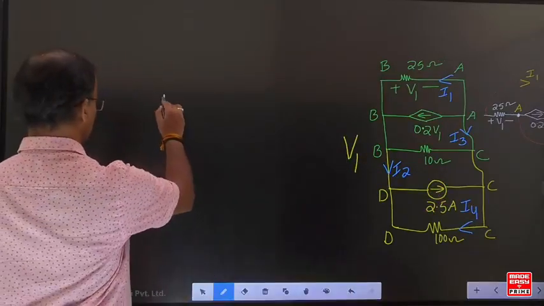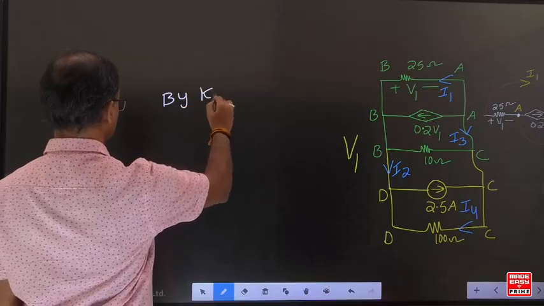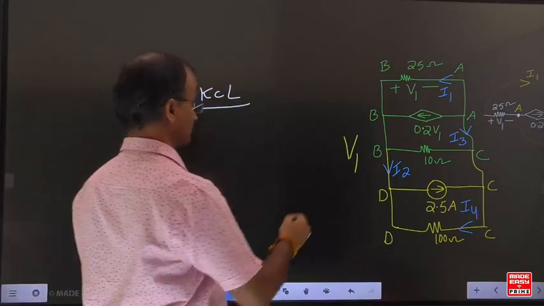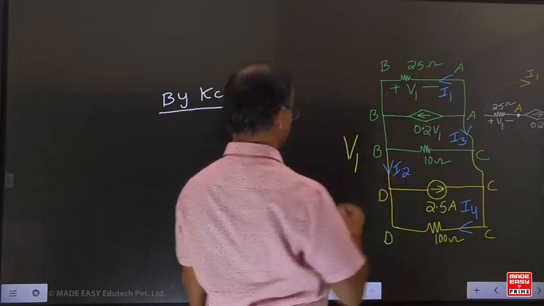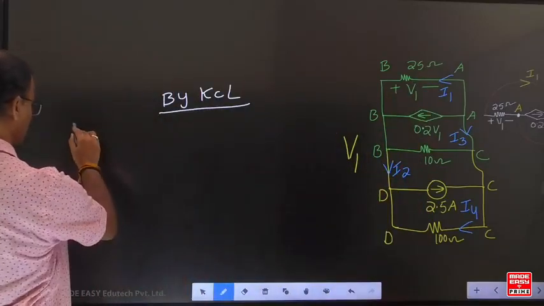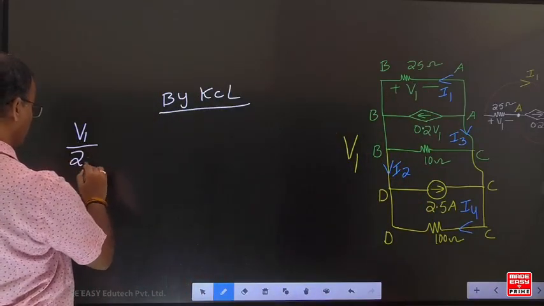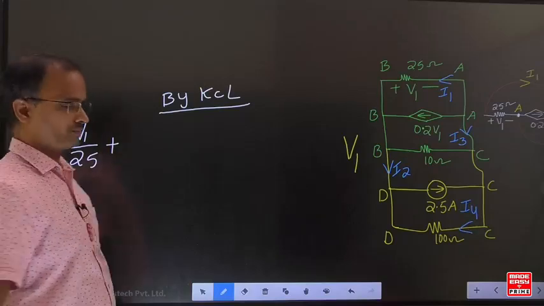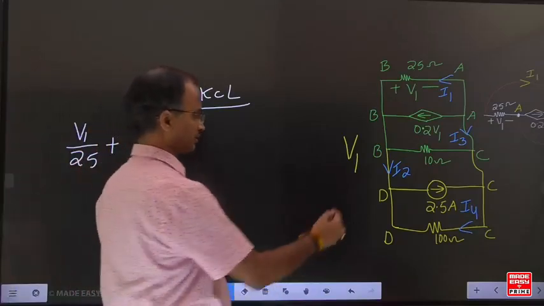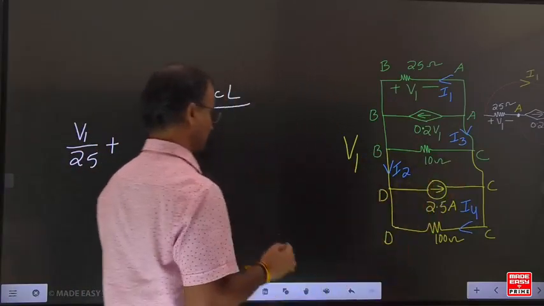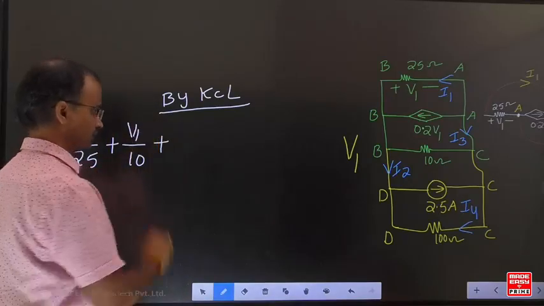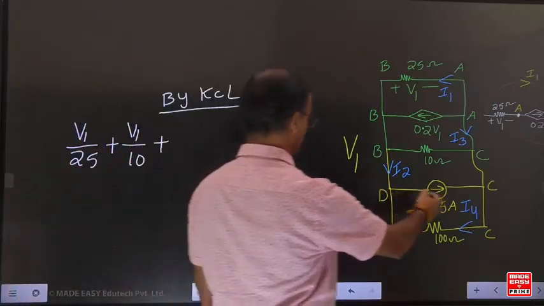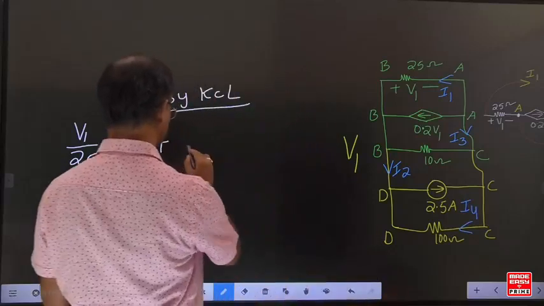Now, in this example, by KCL, the voltage across all the branches is the same. We write V1 by 25 as outgoing current. For this branch, V1 by 10 outgoing current. The 2.5 also outgoing current.